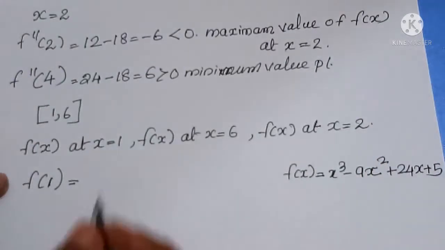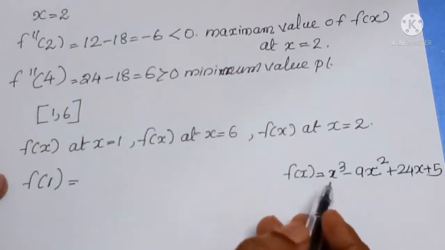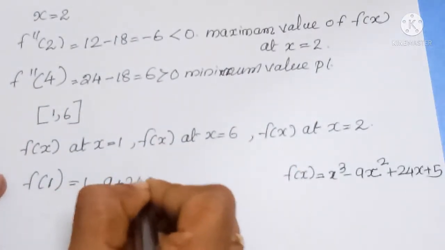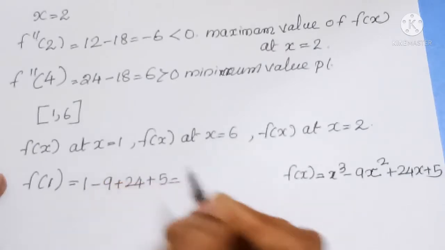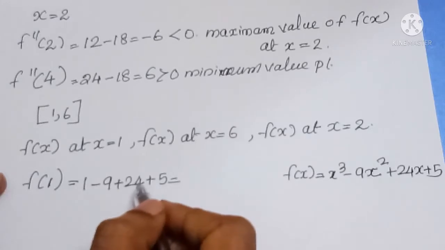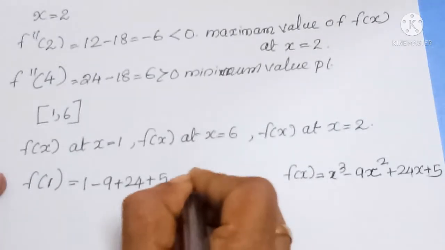This is our f of x. Okay. We can substitute x is equal to 1. So 1 cube 1 minus 9 plus 24 plus 5. What is the value? Minus 8. 24 minus 8 becomes 16. 16 plus 5 becomes 21.